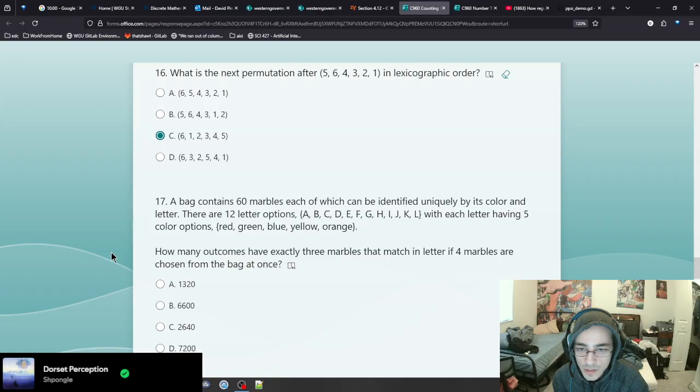What the heck? How many outcomes have exactly 3 marbles that match in letter if 4 marbles are chosen?